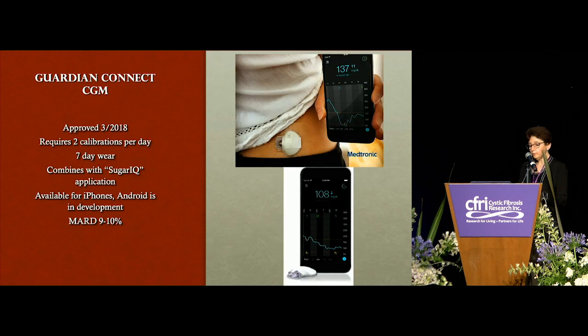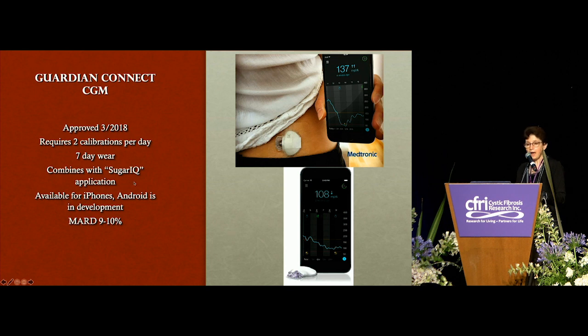Another CGM that we haven't used that much, because of the calibrations involved and the accuracy being a little lower, is the Guardian Connect CGM. It's with Medtronic, this little Medtronic Guardian sensor, and it all goes through the phone.